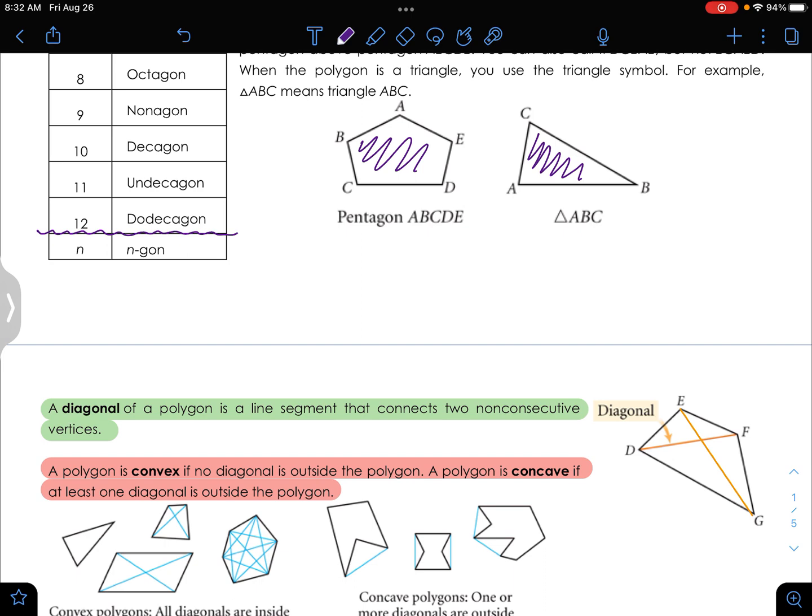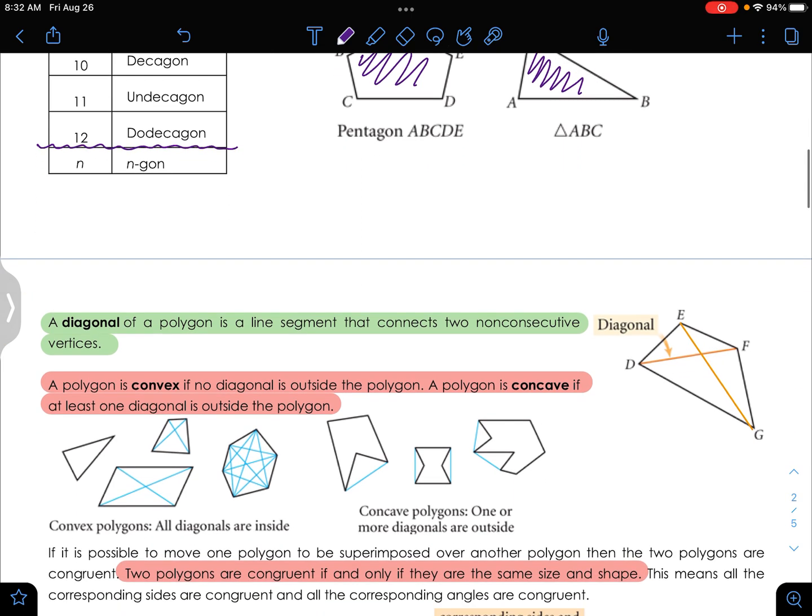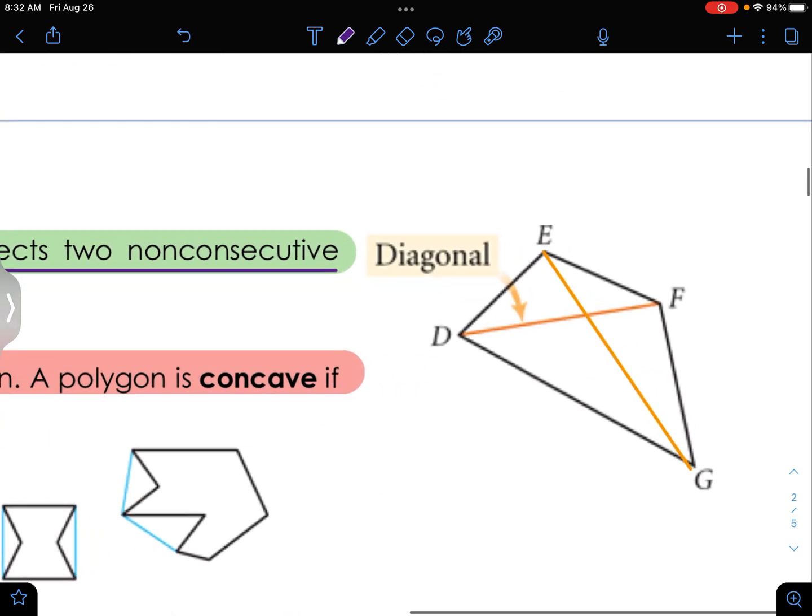Another thing that we take a look at when we start talking about polygons are diagonals. Diagonals are line segments that connect two non-consecutive vertices. If we look at this picture over here of this quadrilateral, diagonals are line segments that connect, for instance, D, F, or E, C, or E, G. They're connecting non-consecutive vertices.